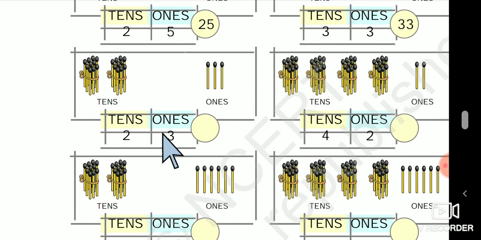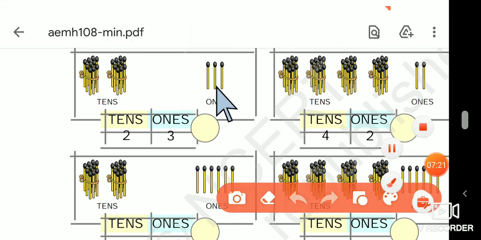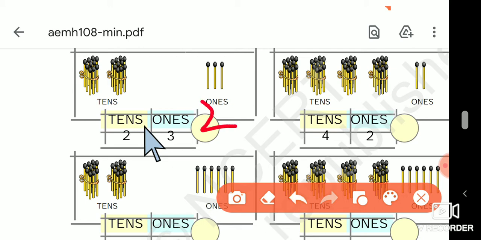There are two bundles means 2 tens and ones. Let's count ones. 1, 2, 3. So ones is 3. 2 tens and 3 ones is equal to 23.